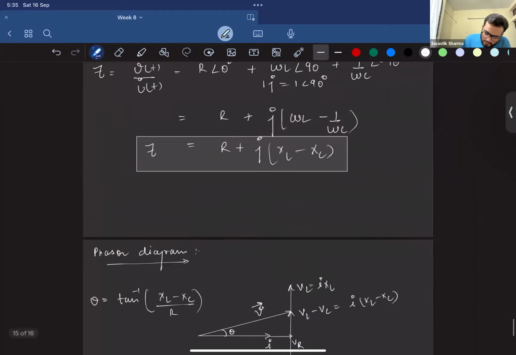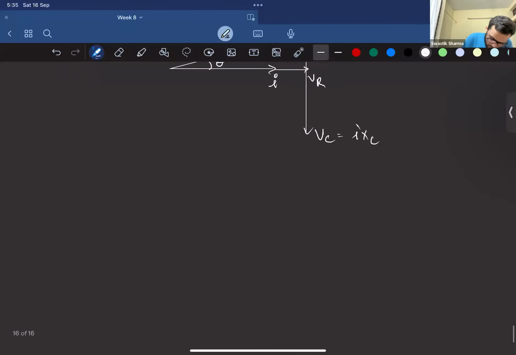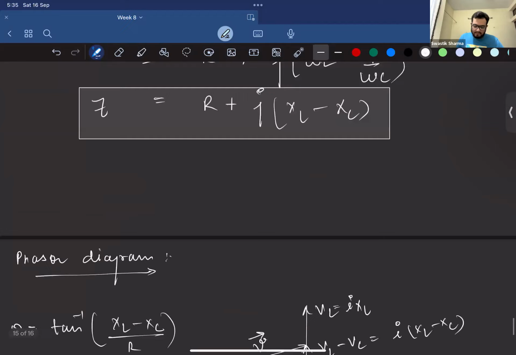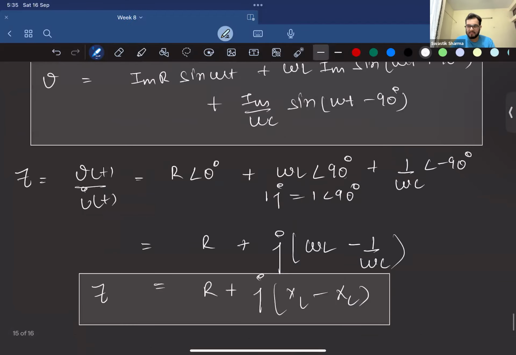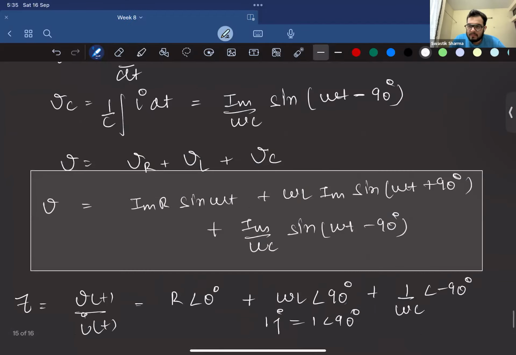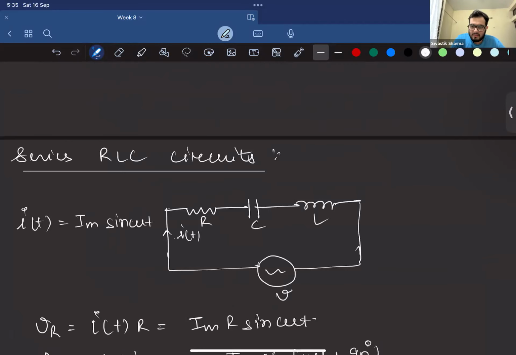Now let's talk about resonance. As I've shown above, due to the presence of inductor and capacitor in connection with the resistor, the circuit has a phase difference between the current and the voltage of the circuit, right?